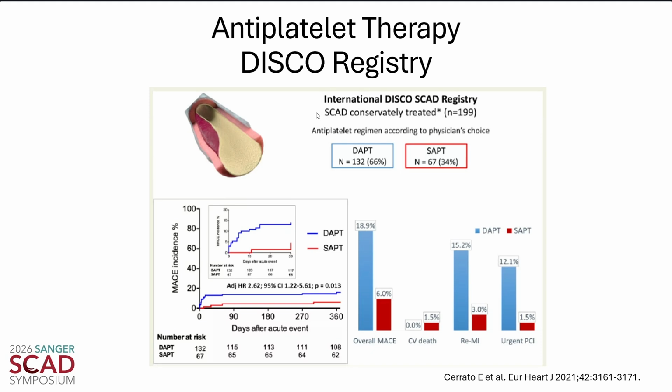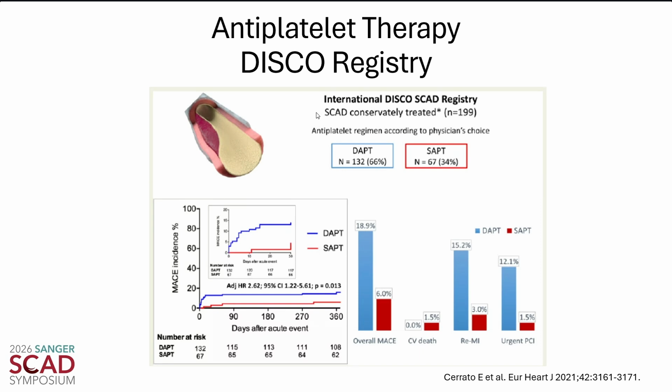And overall major adverse cardiac event, 18.9%, as opposed to the 6% with single antiplatelet therapy or aspirin. What you don't see, there was not a group with no antiplatelet therapy. Just something to think about there.